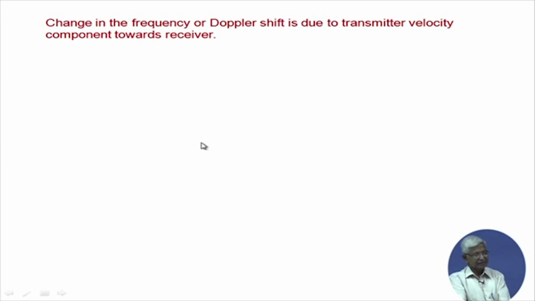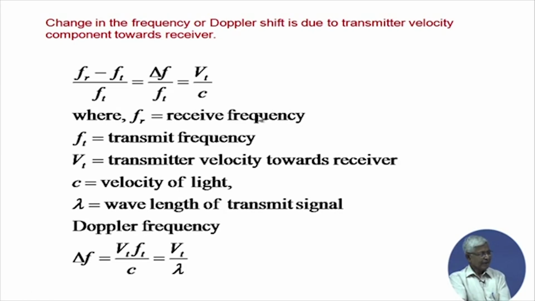There is another phenomenon which is called the frequency or Doppler shift, that is due to the transmitter velocity component towards the receiver. All of us know that it is the difference of the frequency.